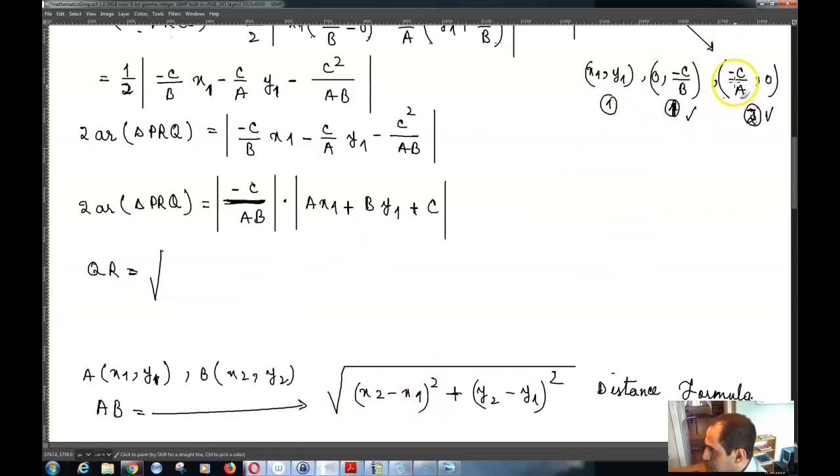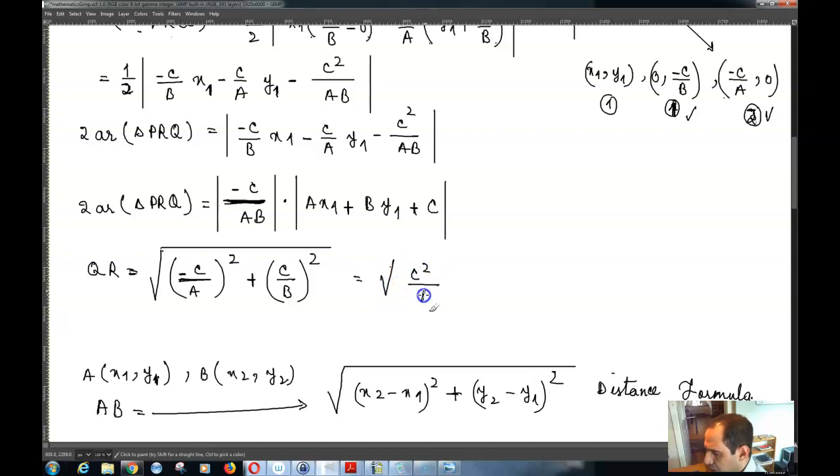And you have x2 minus x1 is negative C by A minus 0, whole squared. I didn't write the minus 0 because it's not really necessary, plus y2 minus y1. So 0 minus this becomes C by B whole squared, and that is equal to basically C squared by A squared plus C squared by B squared.